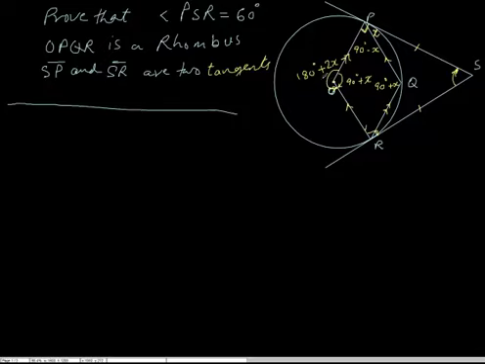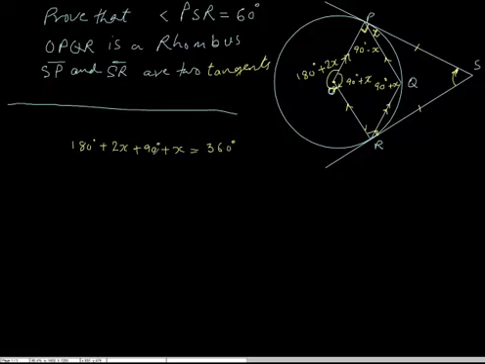We know that's a point. Angles at a point add up to 360, so 180 plus 2x, add 90, add x, should make 360 degrees.